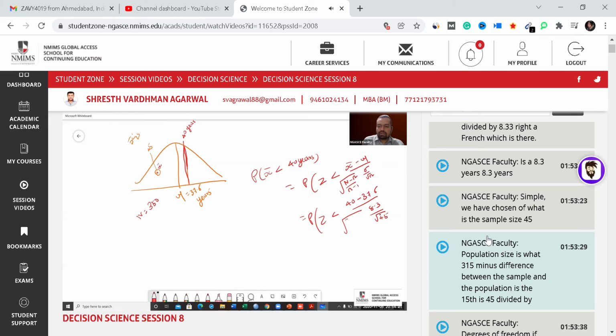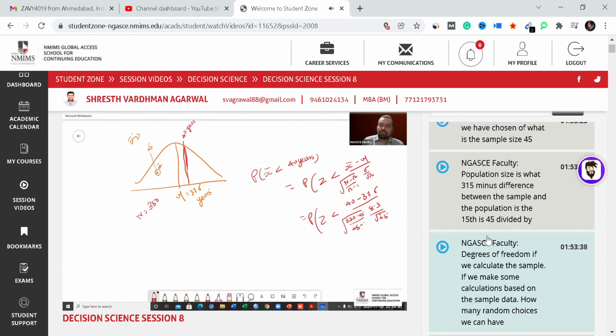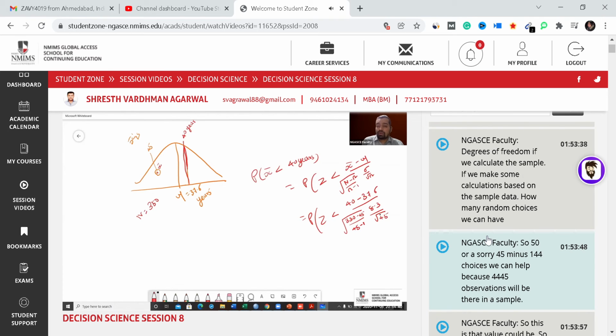Population size is 350, minus 45, the difference between the population and the sample, divided by degrees of freedom. If we make calculations based on the sample data, how many random choices can we have? 45 minus 1, 44 choices, because 45 observations would be there in a sample.